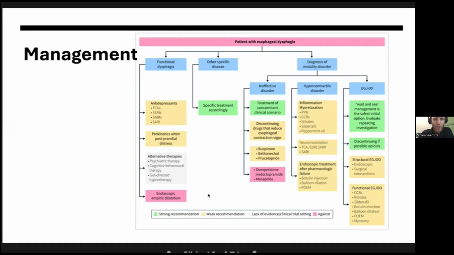Obviously, if there are specific structural causes, one would treat that accordingly, depending on what you find. And then with your motility disorders, there's again a host of potential options depending on what your underlying etiology is. Broadly speaking, one could break that into pharmacologic, endoscopic, and surgical. But I'm not going to get into too much detail related to that.